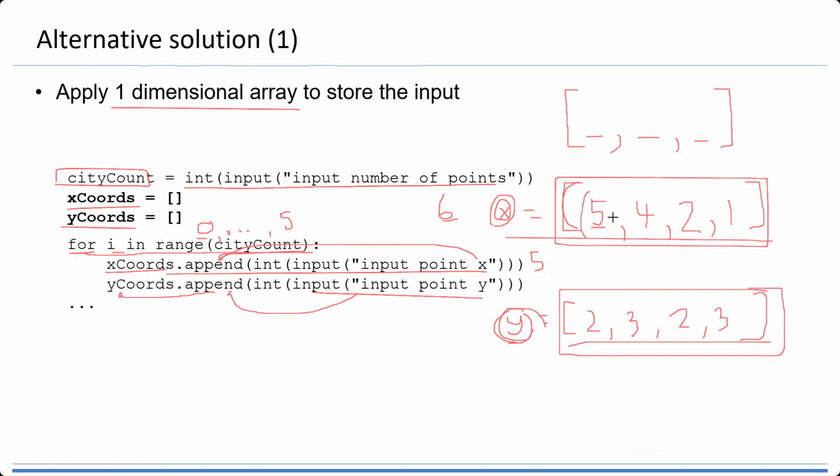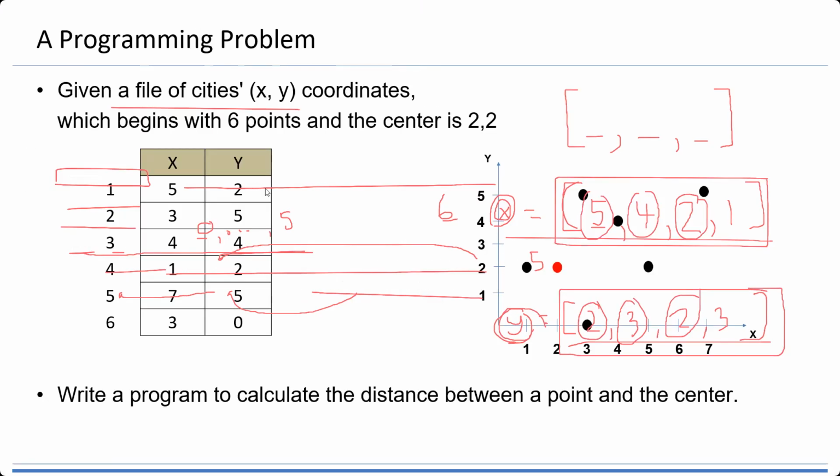And index 0 means the city at index 0. Index 1 means the city at index 1. Index 2 is the city at index 2, and so on. So you need to understand this structure in order to make the points to answer this problem.